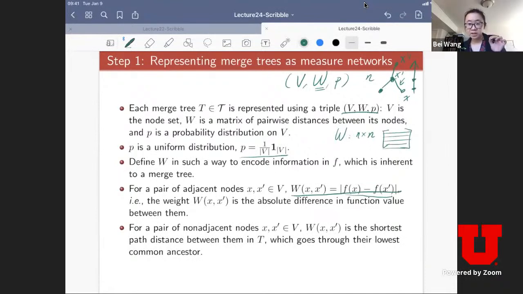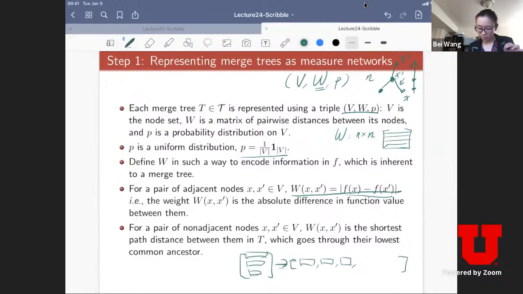And then I can linearize it. So how do I linearize a weight matrix? I convert it to the first row, the second row, the third row, and so on and so forth. I can take this pairwise distance matrix and convert it to a vector. That is how I convert a merge tree to a vector.